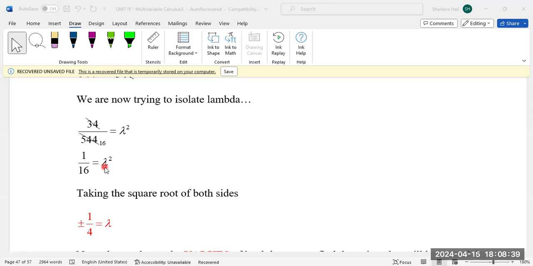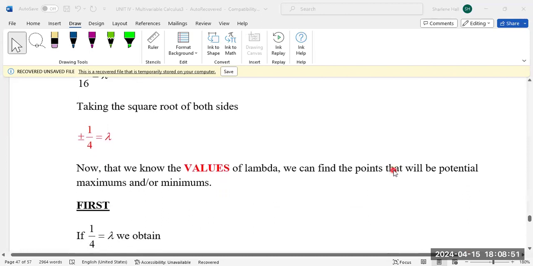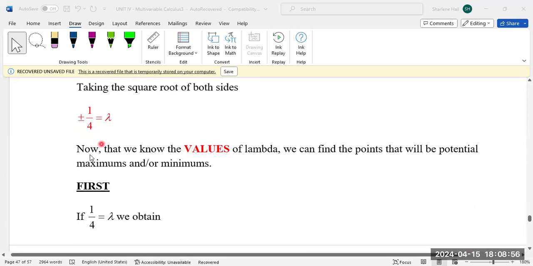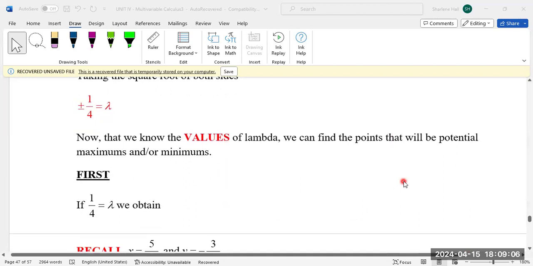But I have to take the positive root and a negative root, so it's negative 1/4 and positive 1/4. Now that we have the values of lambda, we can find the points that will be potential maximums and or minimums.